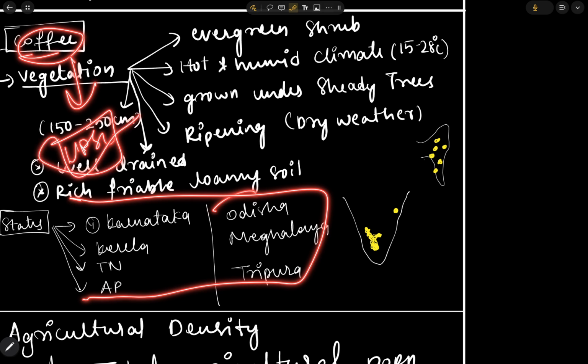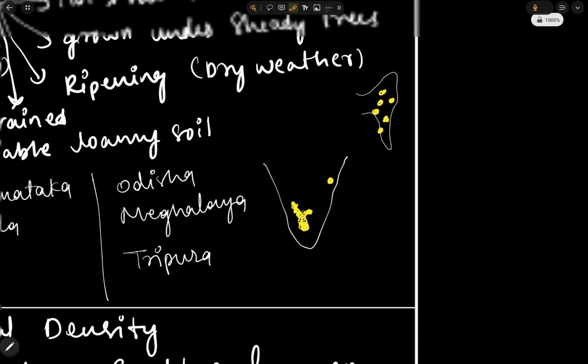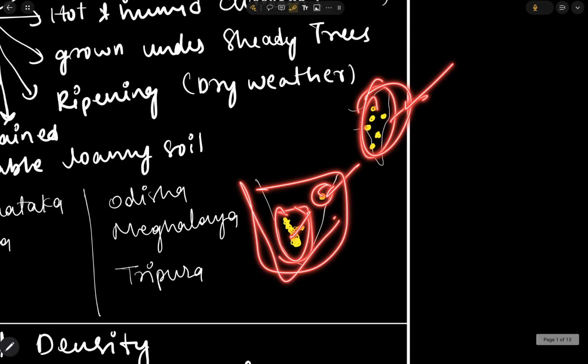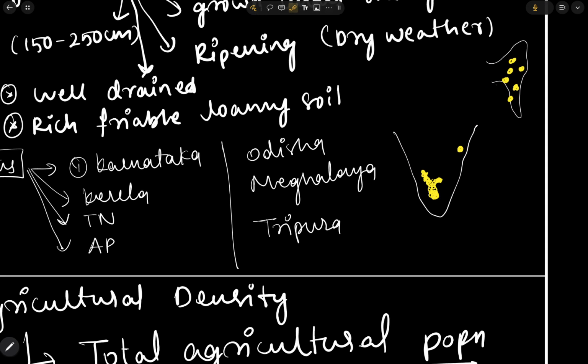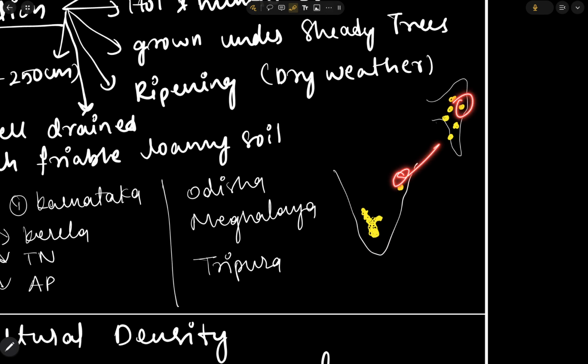That's why we need to remember the states also. Okay, in the map it looks like this: here and here in the northeastern region, and in the south near Odisha, Kerala, Karnataka, Tamil Nadu, AP, and Odisha, Meghalaya, Tripura.